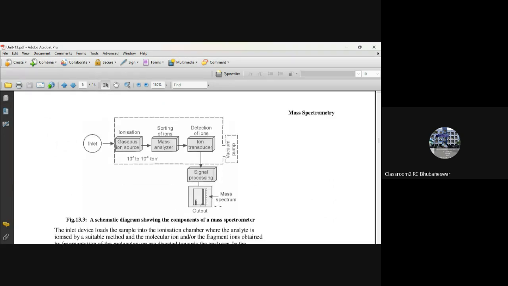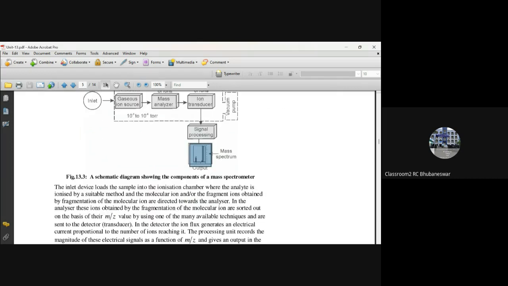Here you are seeing one inlet chamber. Then, like the way we discussed for the other spectroscopic methods, here a gaseous ion source is there where ionization is happening, then sorting of the ions through your mass analyzer, then detection of ions, then your signal processing unit, and then you get the mass spectrum as an output.